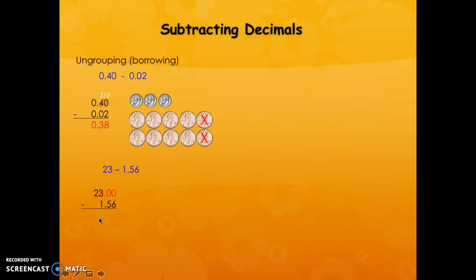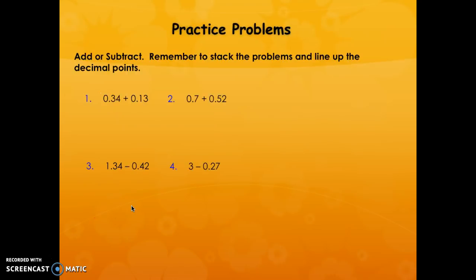I'm going to take that $3, turn it into $2, and I'm going to move over 10 dimes. I need to borrow one of those dimes, so I'm going to have 9, and then I'm going to turn that into 10 pennies. So 10 minus 6 is 4, 9 minus 5 is 4. I bring down my decimal. 2 minus 1 is 1, and 2 minus nothing is 2. So I would have 21 and 44 hundredths left.